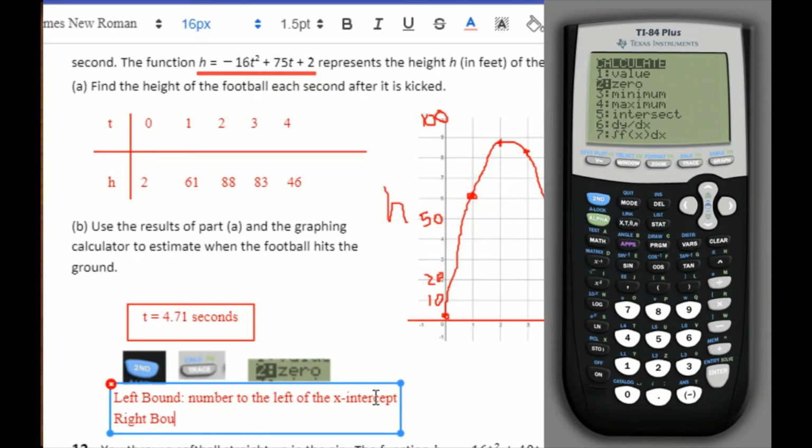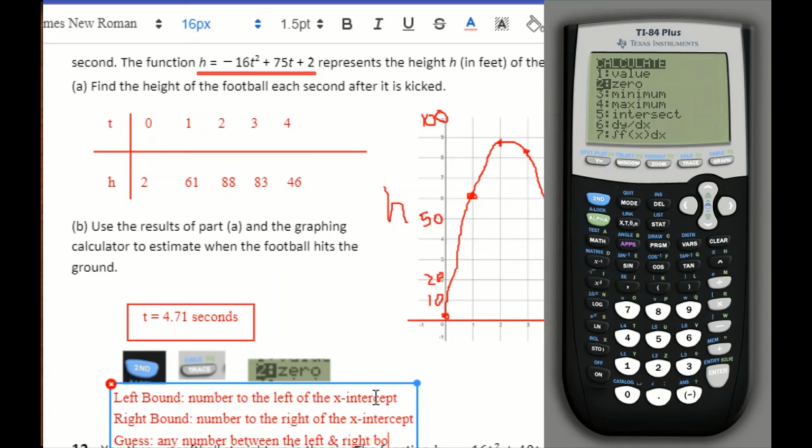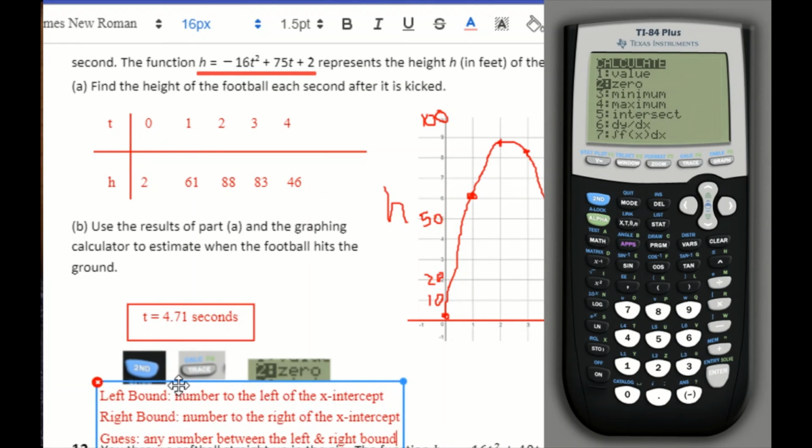The right bound, similarly, is a number to the right of the x-intercept. And then finally, it's going to ask you for a guess. That just needs to be something in between the left and right bound. So those are the steps you can take in the calculator to get those x-intercepts.